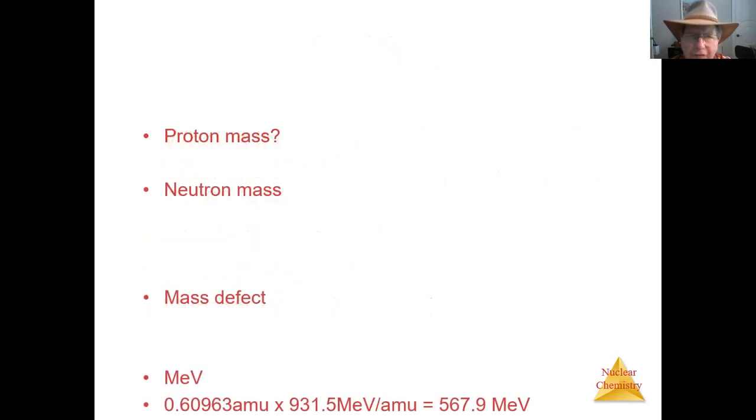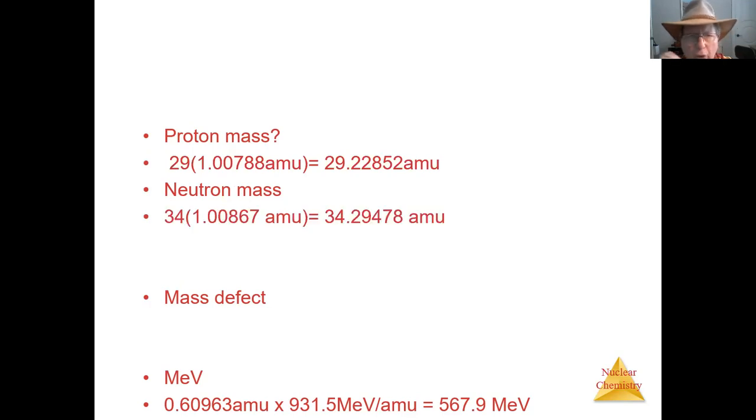My proton mass, I'm going to take my number of protons times the mass of a proton. This gives me 29.22852 AMUs. Neutrons, number of neutrons times the mass of a neutron. Note, they're a little bit different. That adds up to 34.29478. So the total AMUs for 29 protons and 34 neutrons is 63.52330.